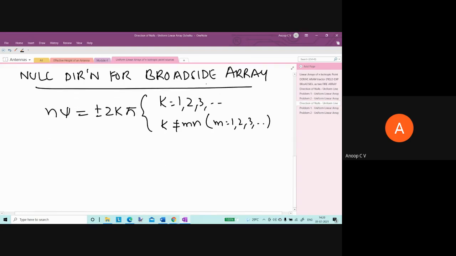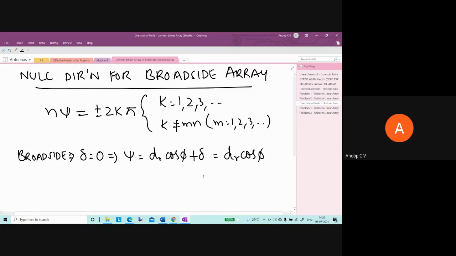But for broadside array, delta is equal to 0, which implies psi is equal to dr cos phi plus delta, which will be equal to dr cos phi alone.